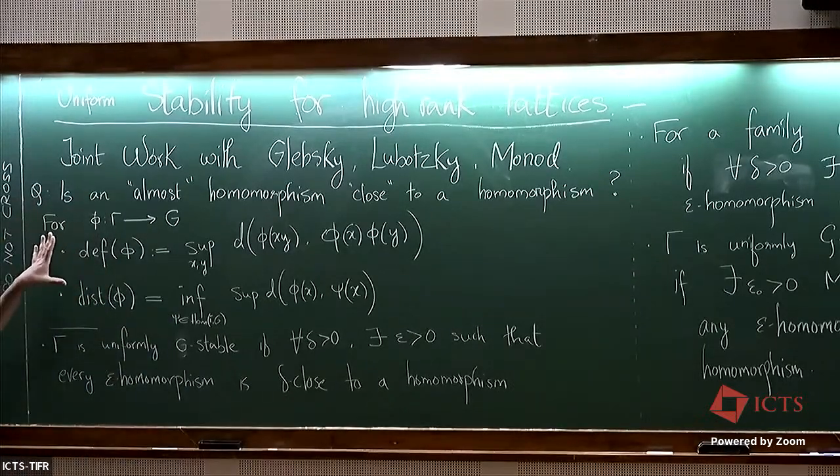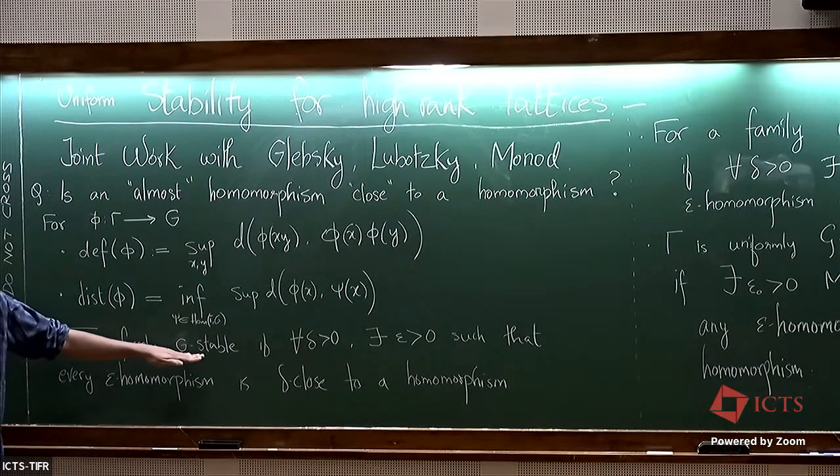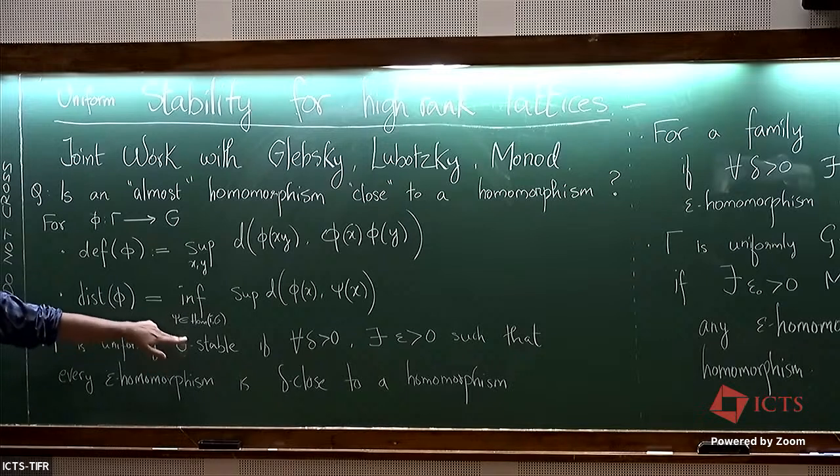A positive answer to this question, that is, if the defect is small, then the distance is small. If you can have some statement like that, some robustness or rigidity statement like that, that's called uniform stability. Of course, it's uniformly stable with respect to this group, with respect to that distance that you use.